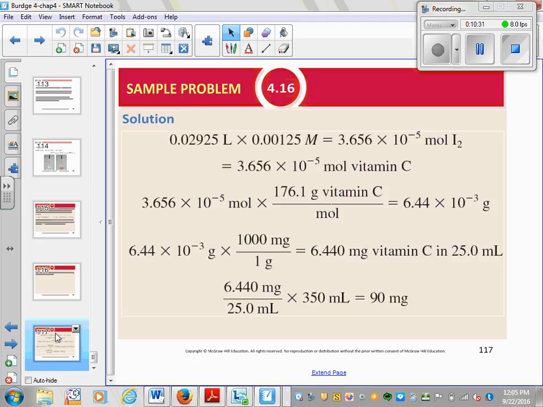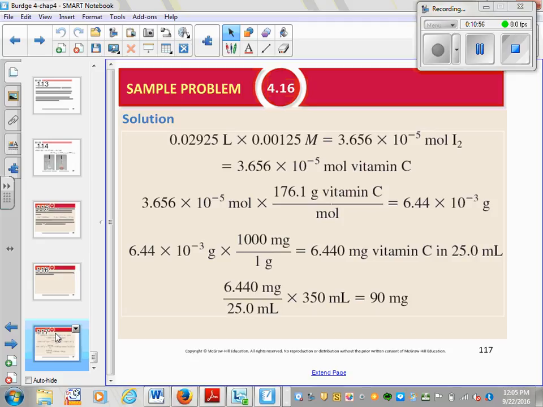So if I have 3.56 times 10 to the minus 5 moles of iodine, how many moles of ascorbic acid did I use up? The same amount. So I have 3.56 times 10 to the minus 5 moles of vitamin C. So now I know how many moles of vitamin C I used.